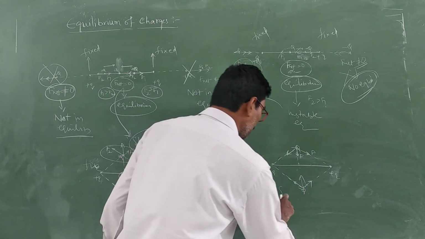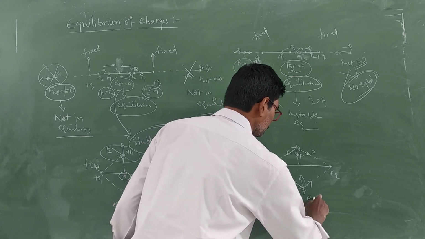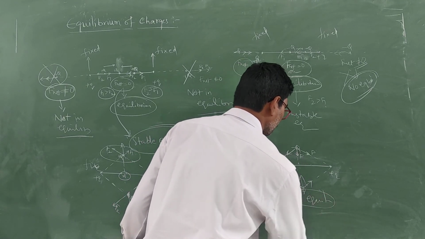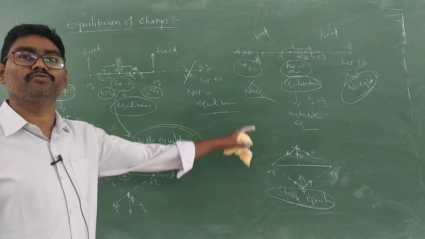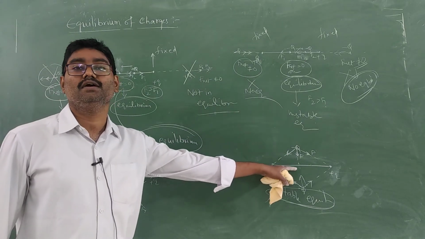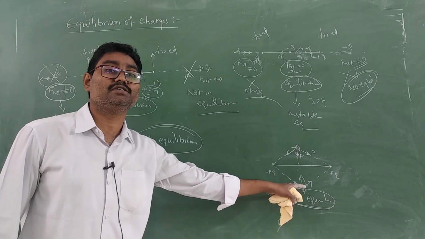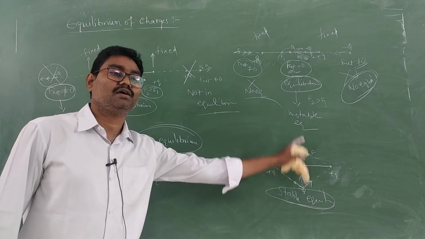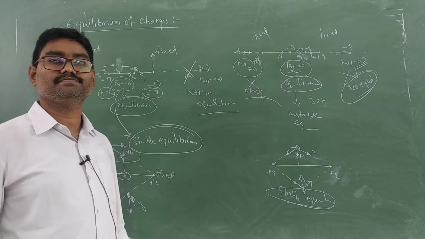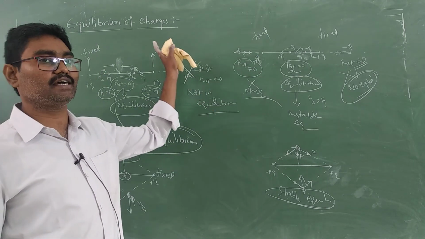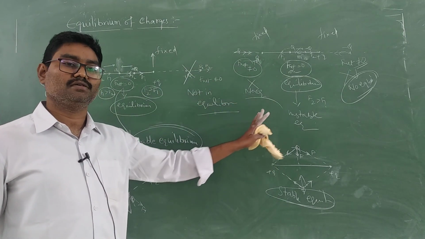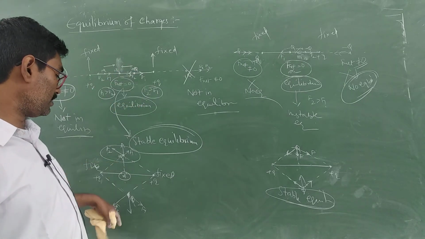Stable equilibrium. Okay, if you place the negative charge perpendicular to the line joining the charges, you will get stable equilibrium. But for like charges, if you move perpendicular, it is unstable equilibrium.